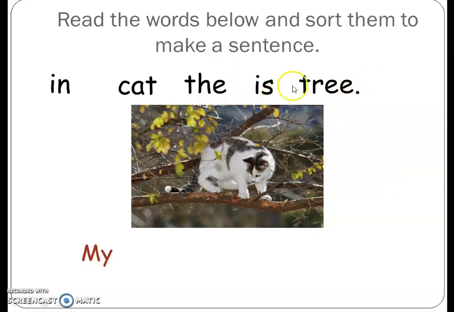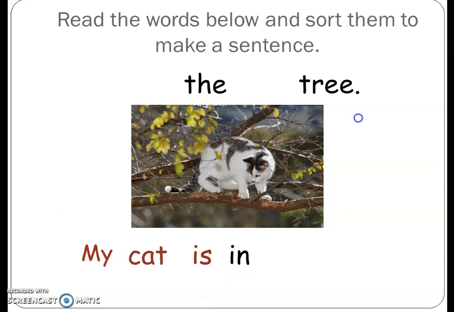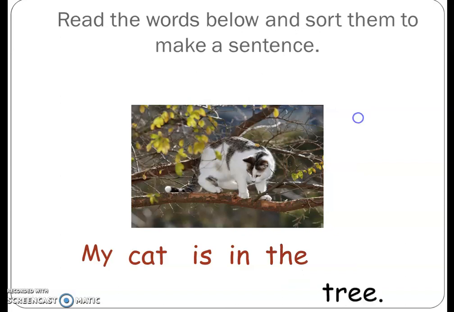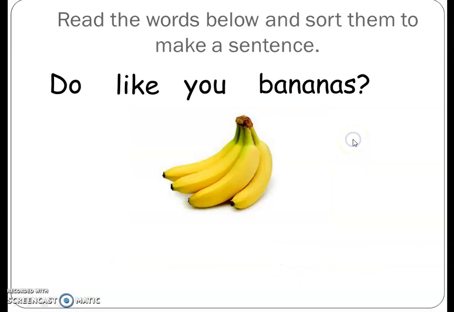We see a period at the end of the word tree, so we know this is going to be the last word. Yeah, there's a cat in the tree. So what would make sense? My cat is in the tree. My cat is in the tree. Great job. Let's do another one.